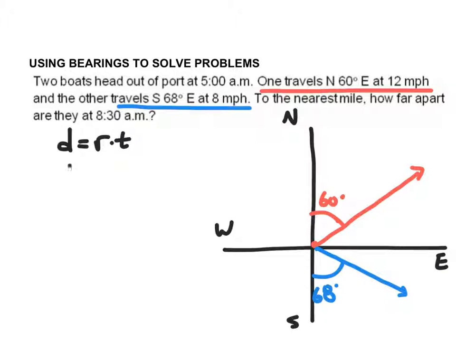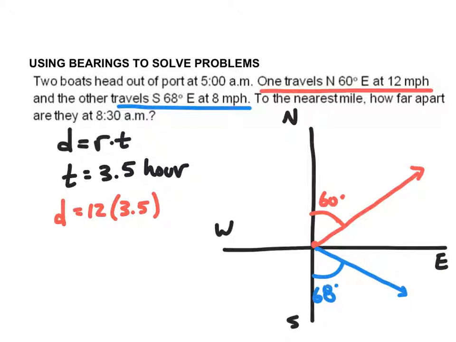So to find the one in red, my distance would be 12 times 3.5 hours, and that's going to give us the miles. So that's a distance here of 42 miles.